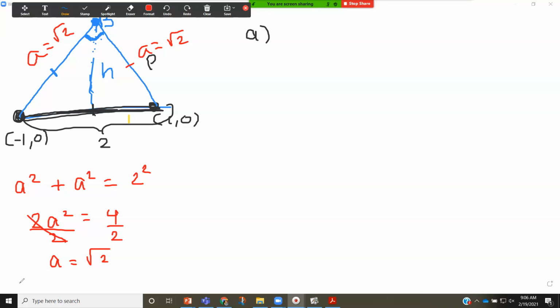And then we know this length here is 1. So the height, again using the Pythagorean theorem, we get the height by saying that h squared plus 1 squared equals the square root of 2 squared.